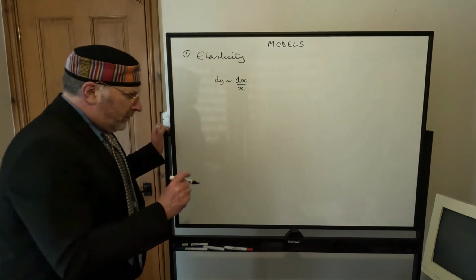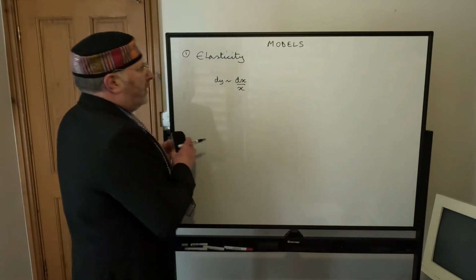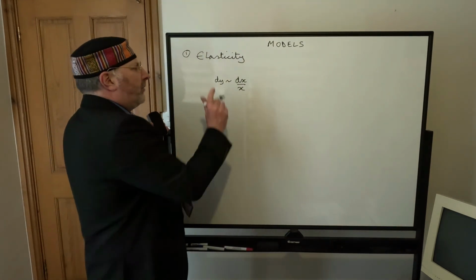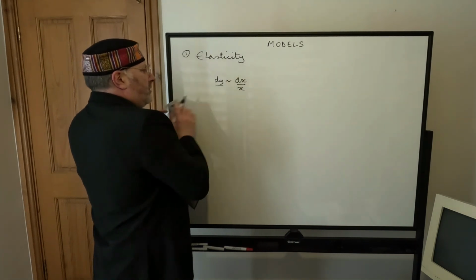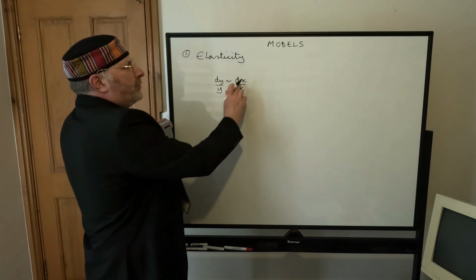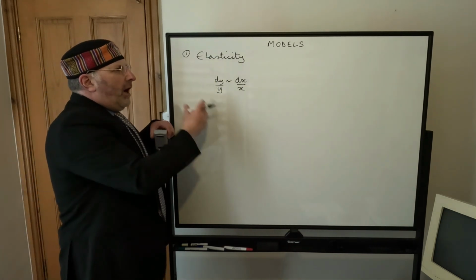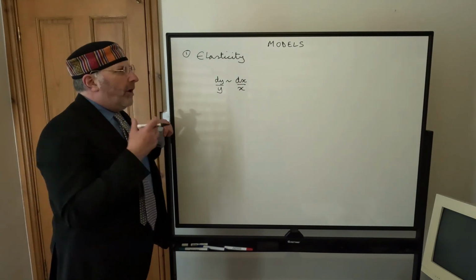Well, what we're going to look at now is a situation where it's not the absolute change in y that depends on the percentage change in x, but the percentage change in y. So this will be dy over y is proportional to dx over x. This is the kind of situation that's often encountered in economics.